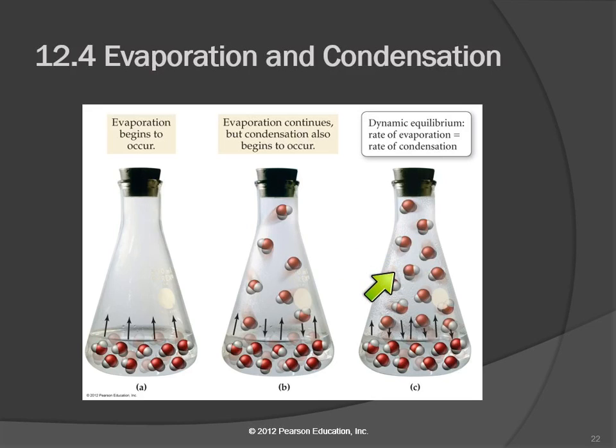And the vapor pressure of the water depends only on the temperature. If I increase the temperature of the water, what does that do to the rate of evaporation? It increases it. I get more gas particles. So I'll get more and more up here, and then as more and more get up here, the rate of condensation will also increase, but the net result is more gas particles.